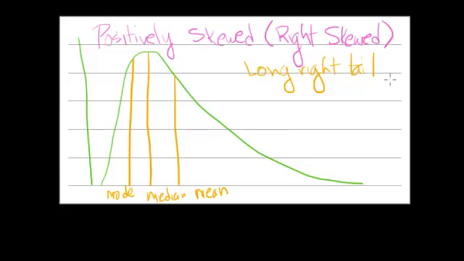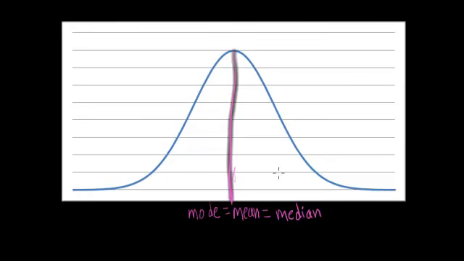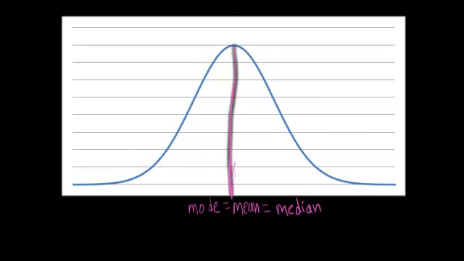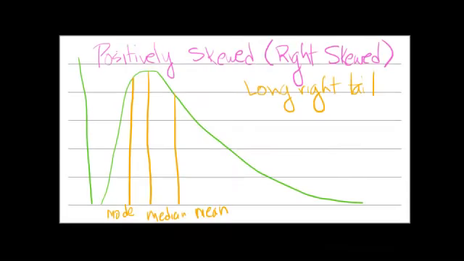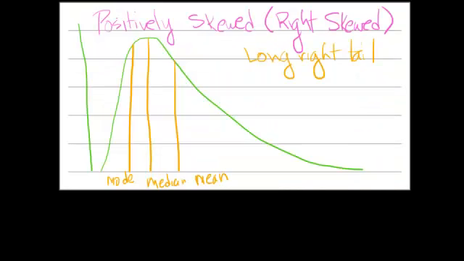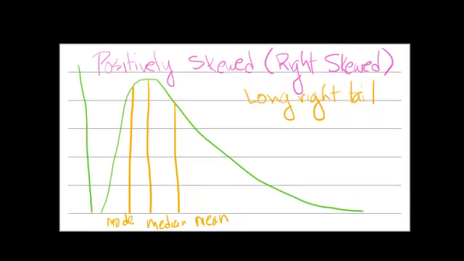So many distributions that we'll deal with are actually very close to a symmetric data set. Not exact, but the mean, median, mode are approximately the same. So that's a lot of the data that we will deal with. When we do look at skewed data, it is more common to have positively skewed data than it is to have negatively skewed data. Because if you think about it, most of our data sets will have values that start at 0 and may go to any number, but we just don't have any negative values.